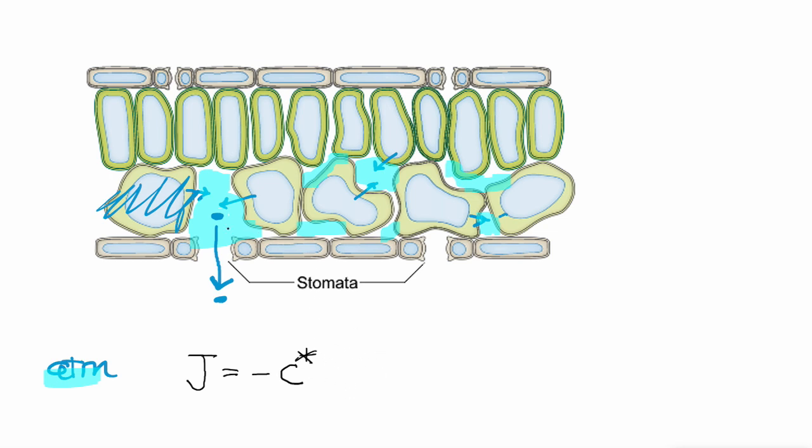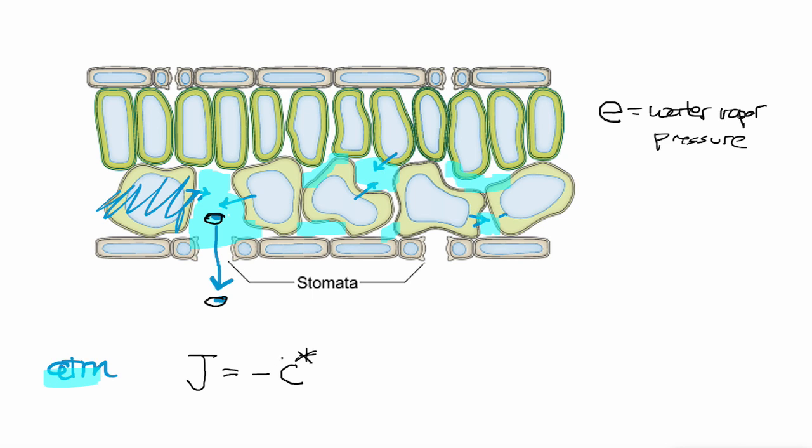And in this case, I'm going to measure the concentration in the middle of the little cavity inside, and measure it outside, in terms of the water vapor pressure E. E is water vapor pressure. Remember, that's one of the ways we can describe the concentration of water dissolved in the atmosphere, and that's typically how it's done.